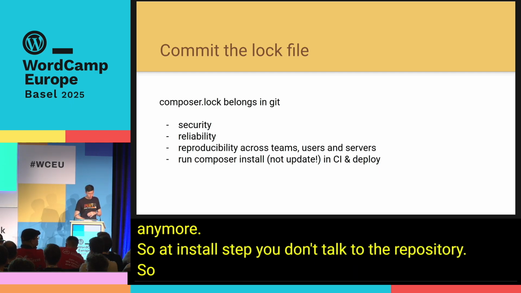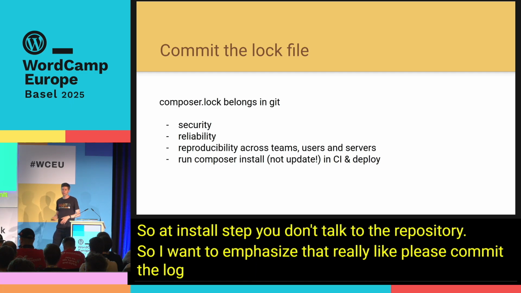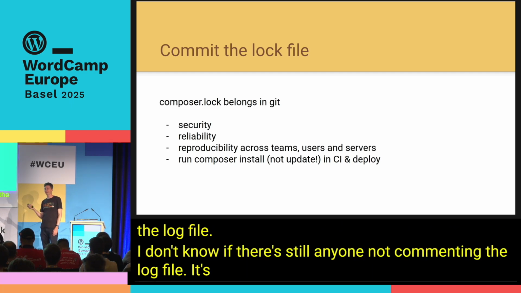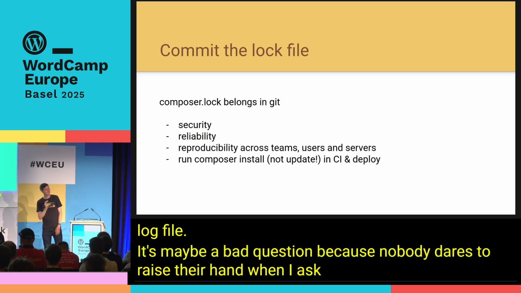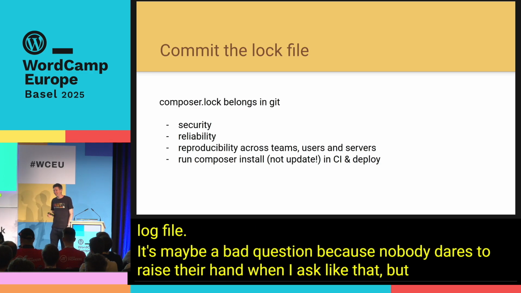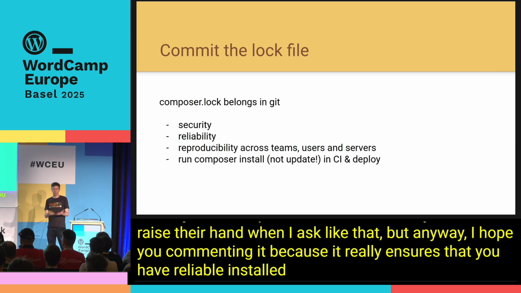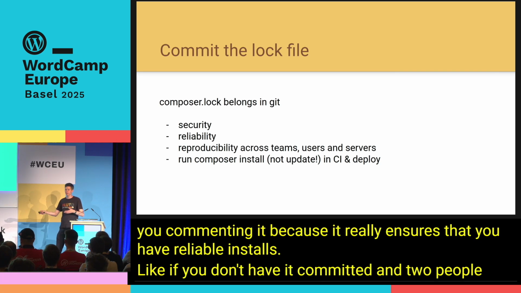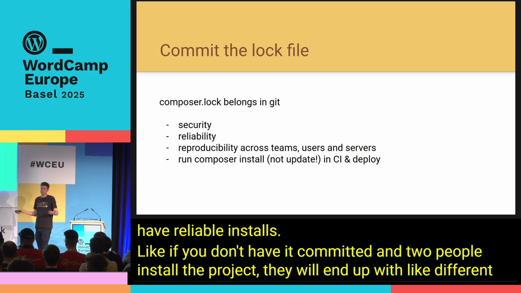So I want to emphasize that really, please commit the lock file. I don't know if there's still anyone not committing the lock file. It's maybe a bad question because nobody dares to raise their hand when I ask like that. But anyway, I hope you're committing it, because it really ensures that you have reliable installs. If you don't have it committed and two people install the project, they'll possibly end up with different versions of dependencies.